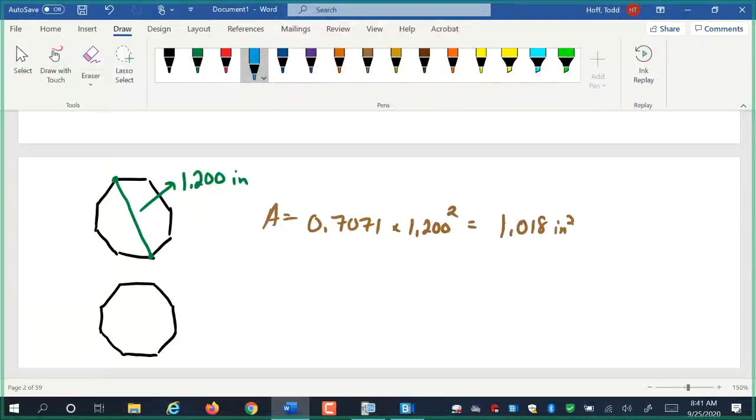Finally, one last example. For this one, we have a dimension across there of, well, let's go 15 millimeters. Find the area of that.